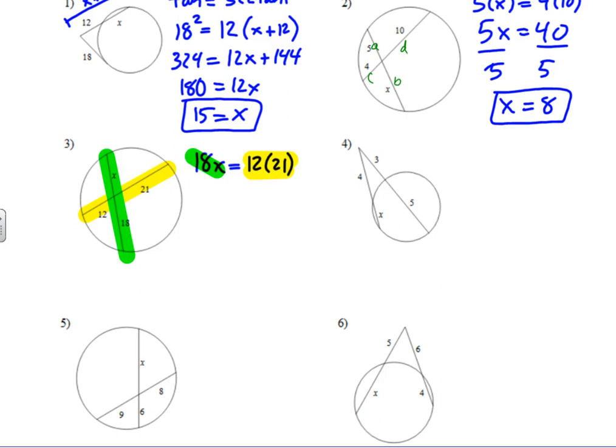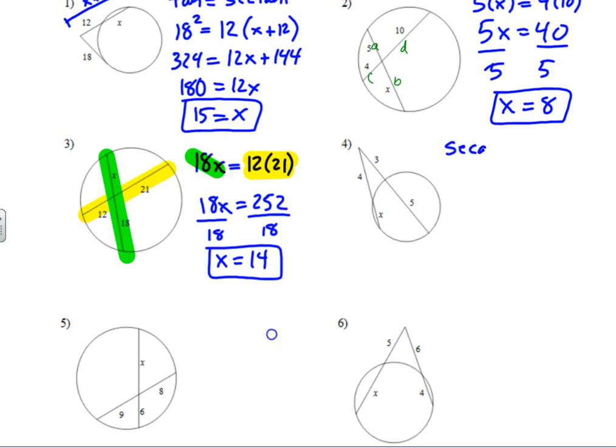So 12 times 21 is 252. So this is 18x equals 252. When we divide by 18, 252 divided by 18 is 14. Okay, so 2 chords.